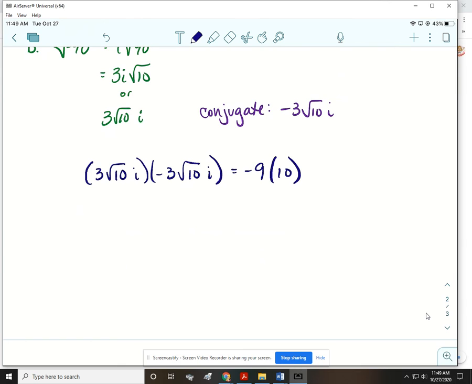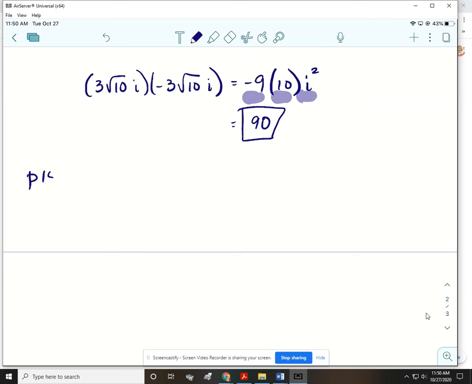And then we're going to multiply i times i, which is -i squared. All right, so this gives us -9 times 10, and then basically times -1. So -9 times 10 times -1 is 90. Again, we started off with imaginary numbers. We ended up with a real number when we multiplied.